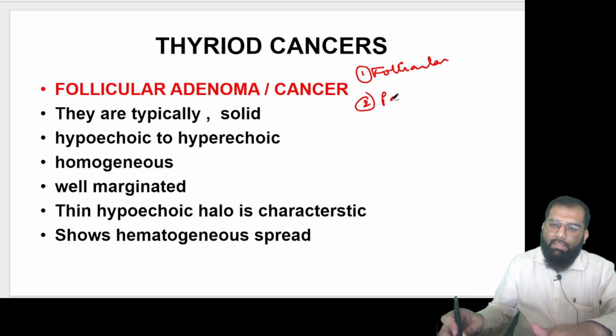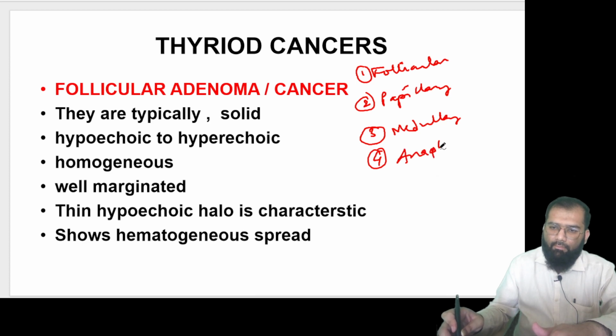Number two is papillary CA. Number three is medullary CA. Number four is anaplastic CA. And the fifth one is lymphoma of the thyroid gland.